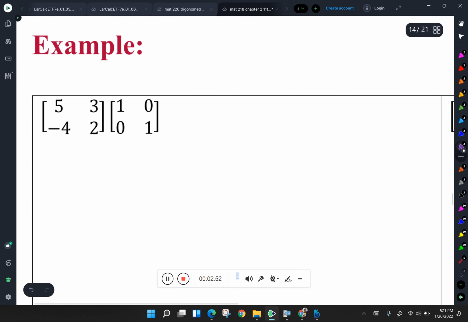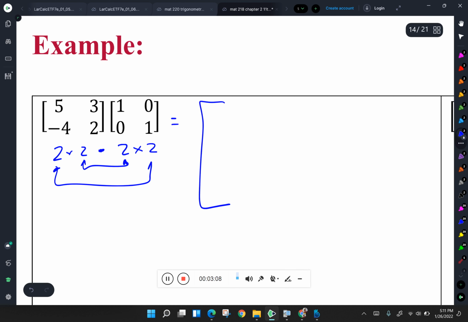So if I were to take this matrix and I were to do the old school by hand multiplication, this is a 2 by 2, this is a 2 by 2, a 2 by 2 times a 2 by 2. These match, so I can do the multiplication. The answer is also going to be a 2 by 2, so my first entry is going to be the first row times the first column. So that's going to be 5 times 1 plus 3 times 0. 5 times 1 plus 3 times 0 is 5.